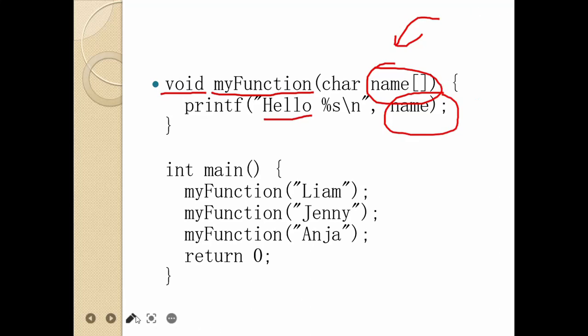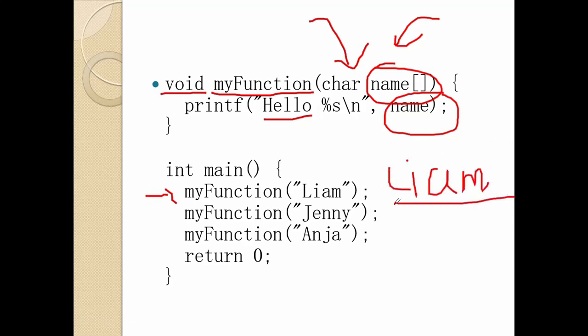So how are we going to call it? We are just going to give the name, and inside the bracket now we have to give the value, because we have taken a parameter. Okay, and the parameter has to be assigned a value while the calling is done. So here we are passing a certain character array where the individual characters are L, I, A, and M. So this is basically a character array.